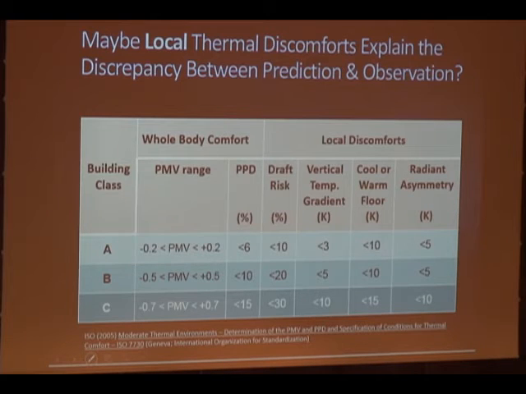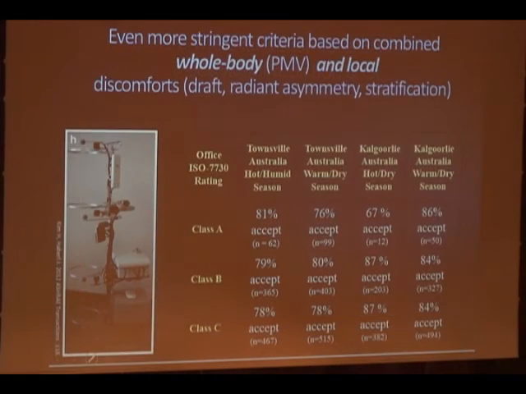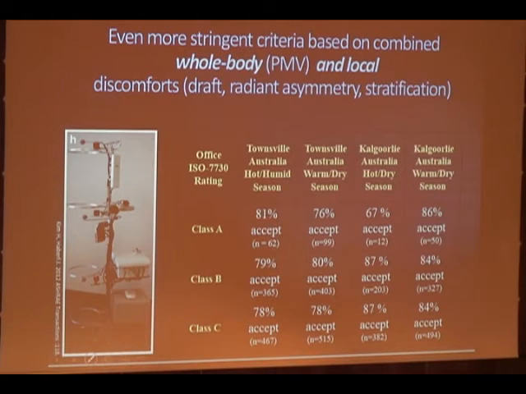And so what I've done is I've gone back to the four field studies that I was just talking about and further filtered so that we extract those observations that don't comply with the global or the local dissatisfaction criteria of Class A and Class B and Class C buildings. And the upshot is this, that again, it doesn't really have a discernible impact on acceptability levels as we go from Class A to Class C.